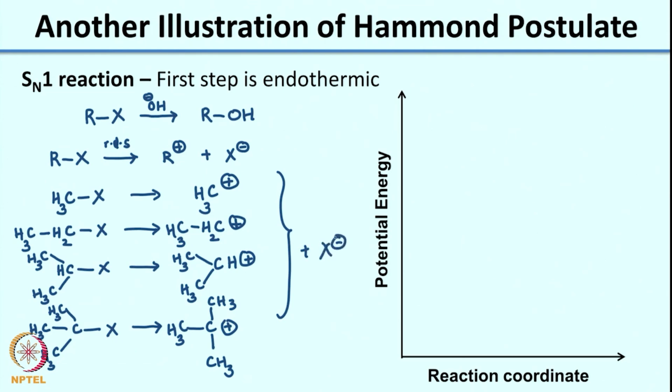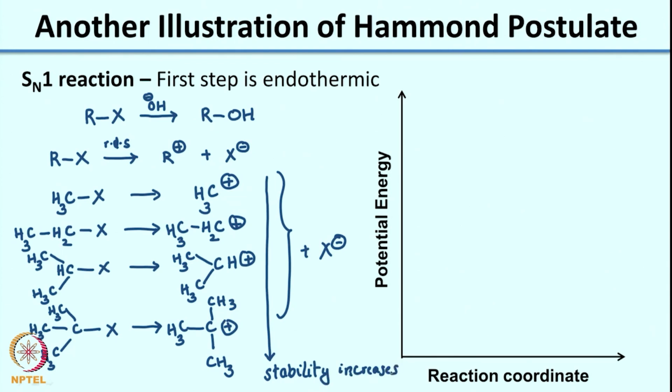So, from whatever you have studied earlier, what is the stability of this? What you would see is the stability of the carbocation is increasing, going from methyl to tertiary butyl carbocation. So, stability increases.